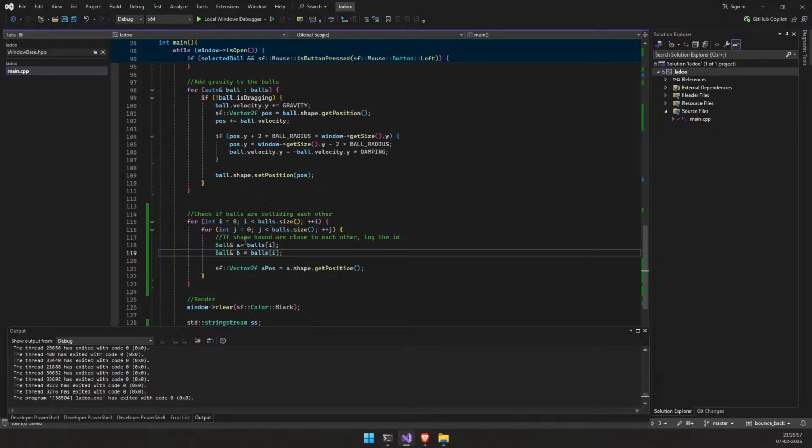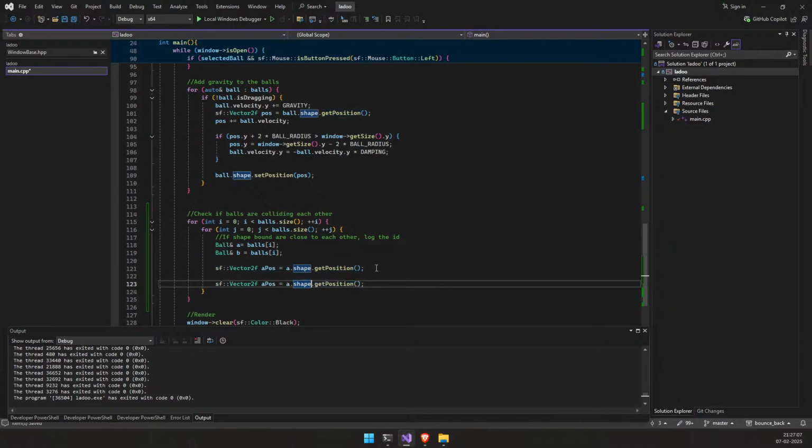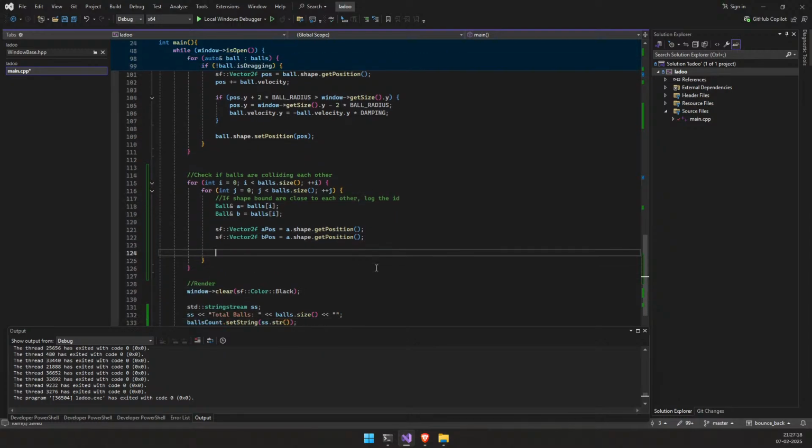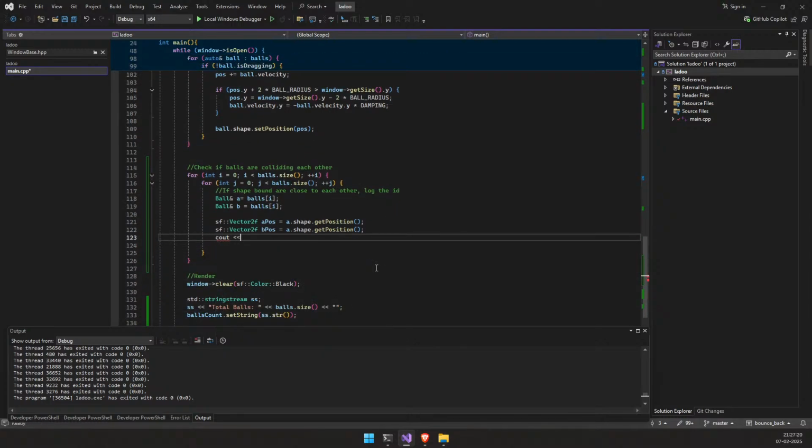Direct definition of pulling reference, a position. For now let's log this, right?